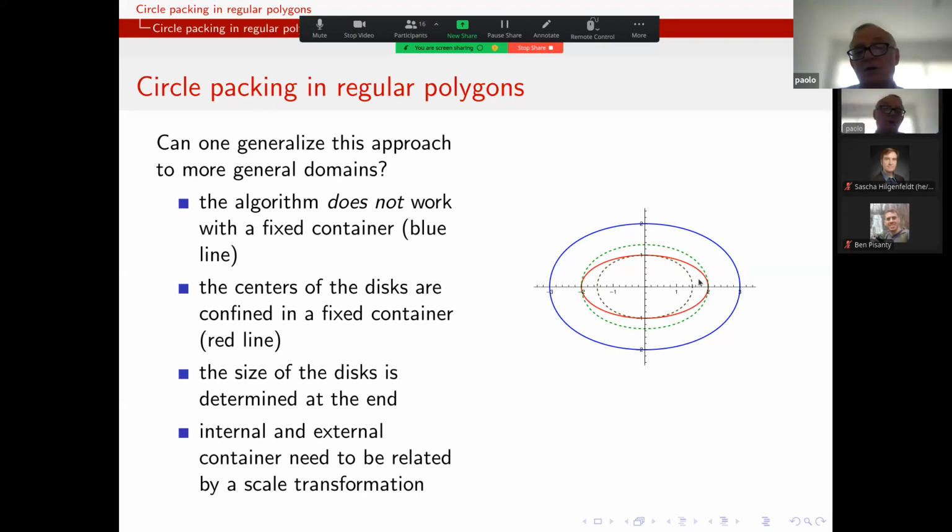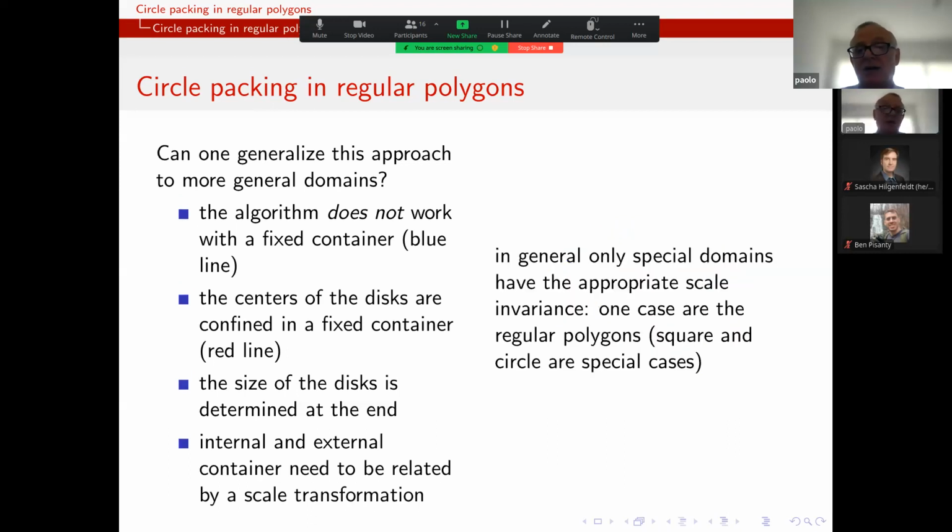But of course, you can do it for other containers. And for example, you can surely do it with regular polygons. That's what we did, okay? So of course, square and circle are just, even the circle, you can see it as a special case of a regular polygon.